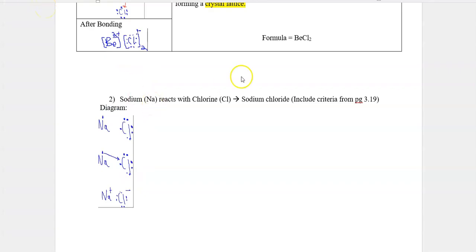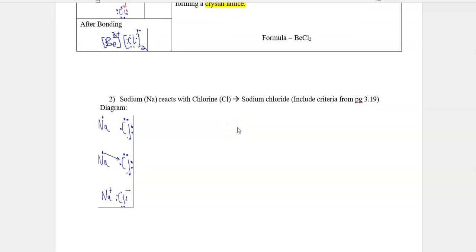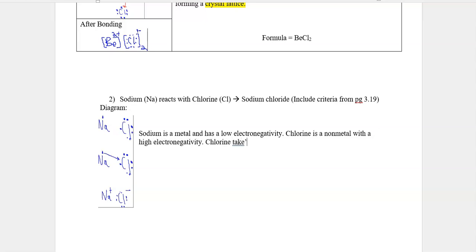So now we need to explain it with the same criteria right here. So we're going to say sodium is a metal and has a low electronegativity. Chlorine is a nonmetal with a high electronegativity. Chlorine takes sodium's valence electron.